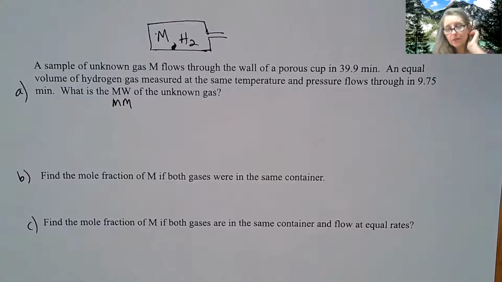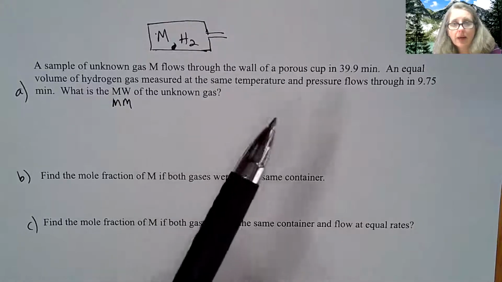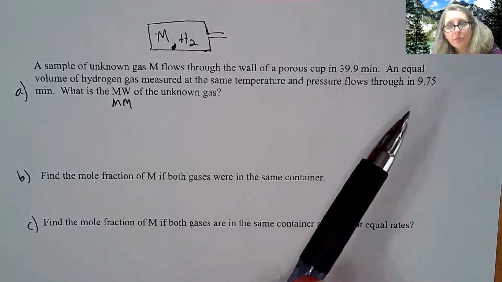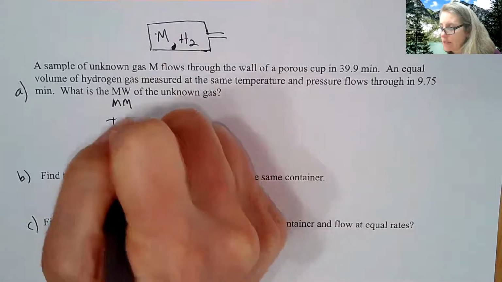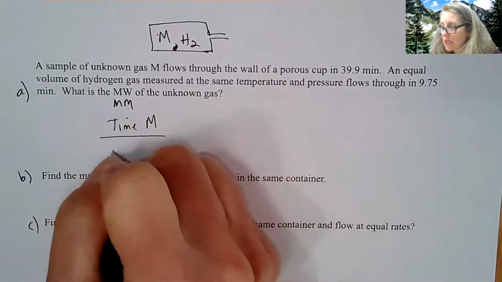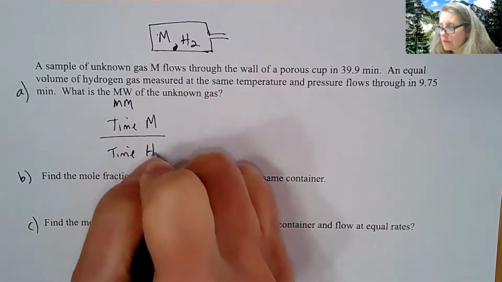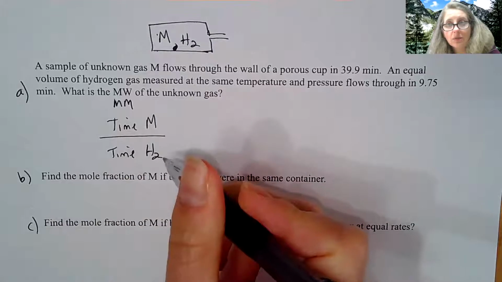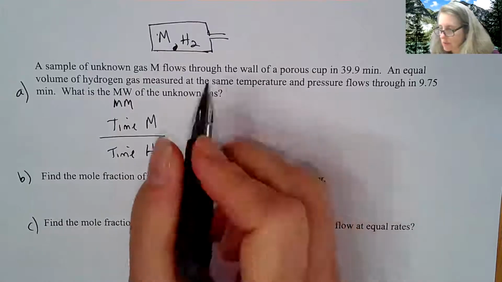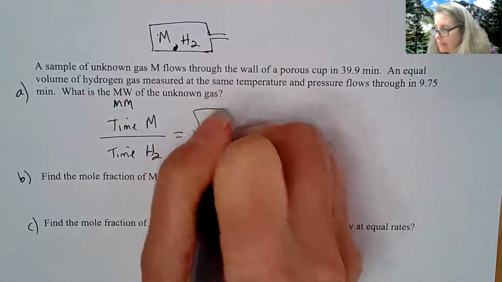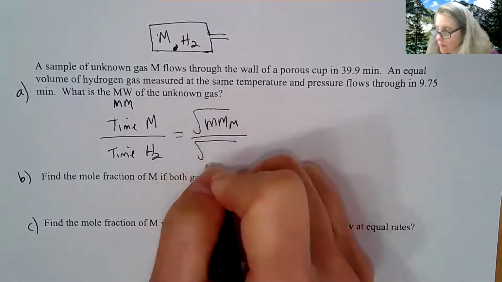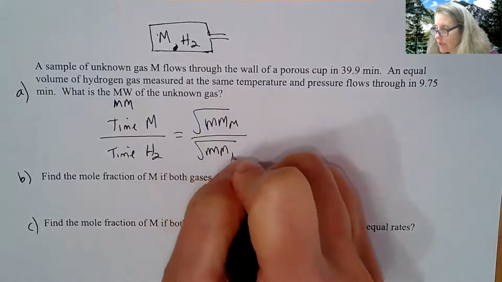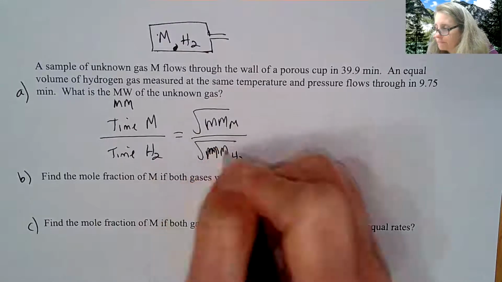I don't have rate here, but I do have times. So I'm going to take how long M takes versus how long the hydrogen takes. And I know hydrogen is going to be the smallest of the two. I'm going to take the molar mass of M, which I don't know, over the molar mass of hydrogen, which I do know.